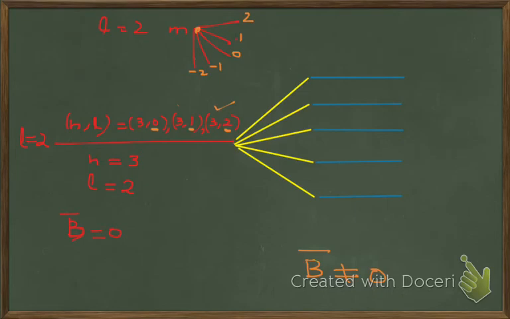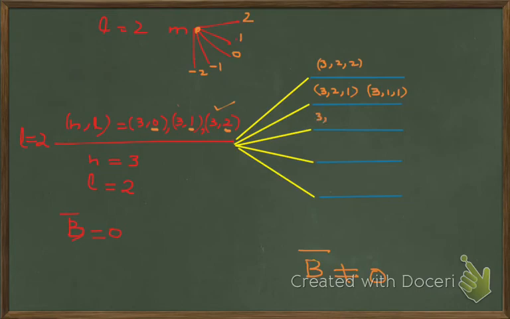Now we will label them on the basis of the values of N, L and M. The highest level is 3 2 2. Next it will be 3 2 1 and 3 1 1, because both have the same value of M, so these two levels are degenerate.